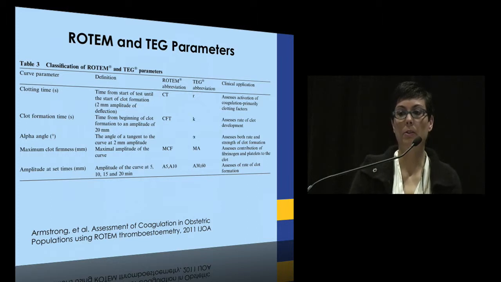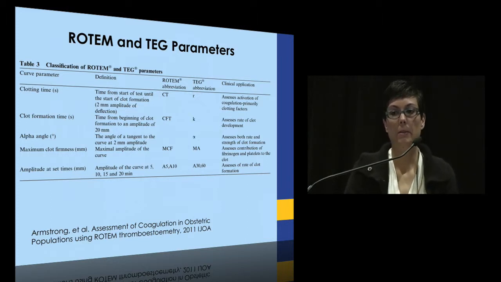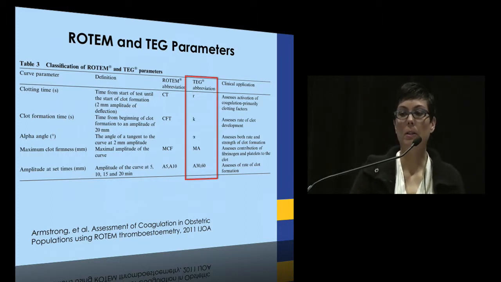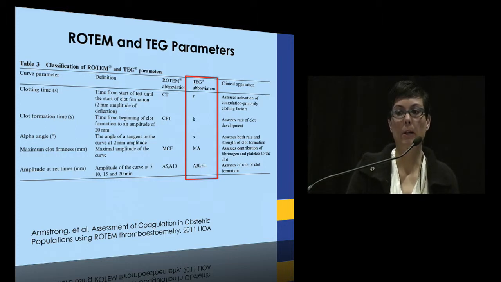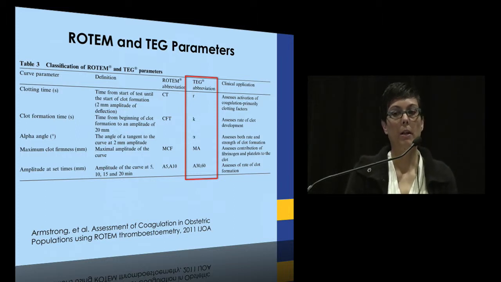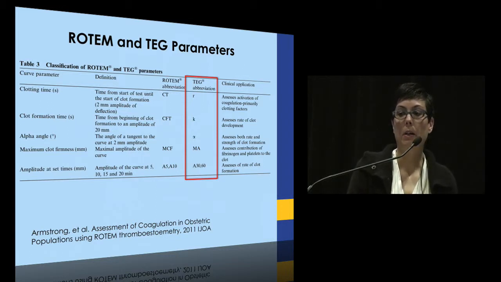We'll start with the TEG first. That is basically assessing the coagulation and the primary clotting factors and the activation, and that's in a time. The K, or the clotting factor time, in the Rotom is the rate of the clot development. So you can think of it as the rate that the clot forms, and then the alpha angle.